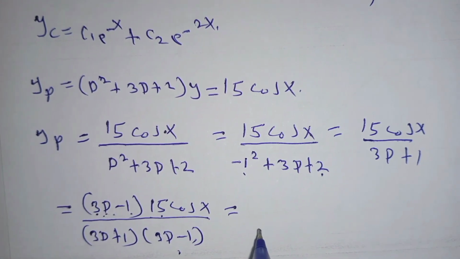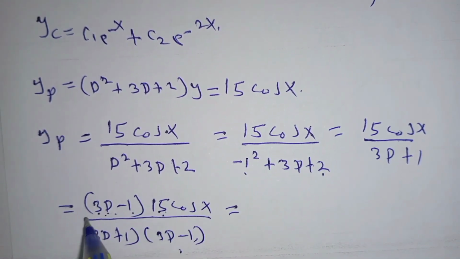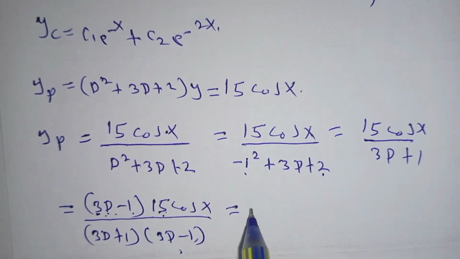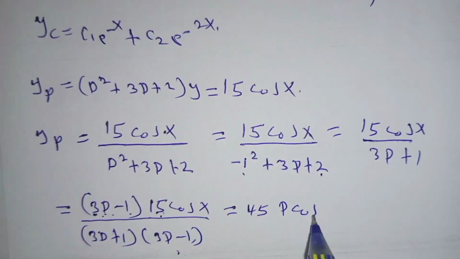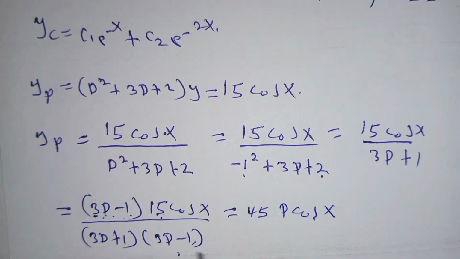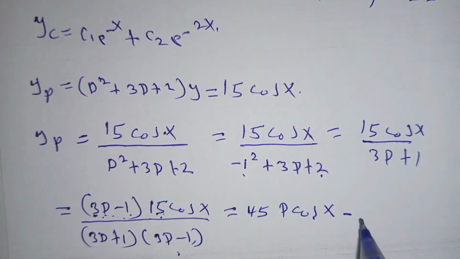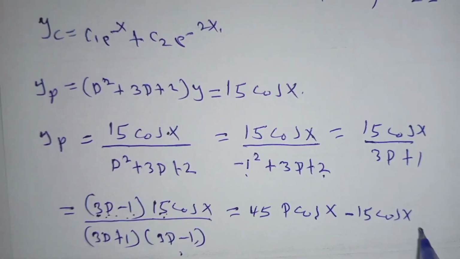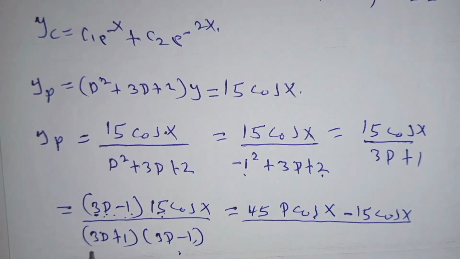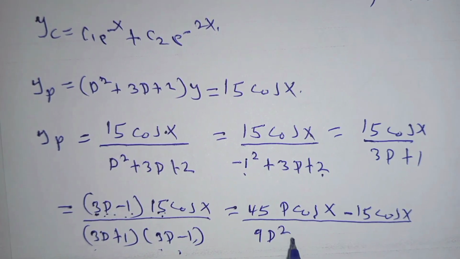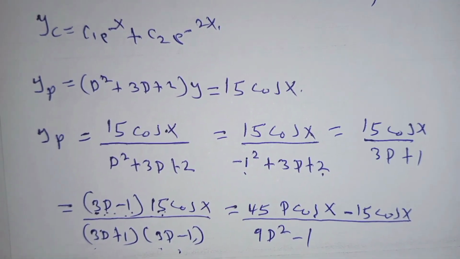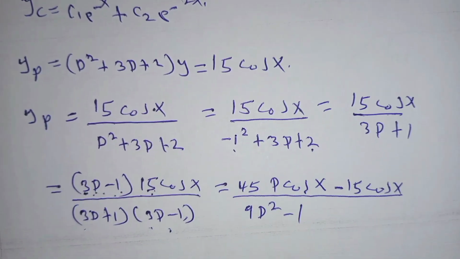Here we are going to have 15 times 3, which gives you 45 D cos of x, then minus 15 cos of x, divided by, when you multiply the denominator, 9D squared minus 1. That is what you obtain.